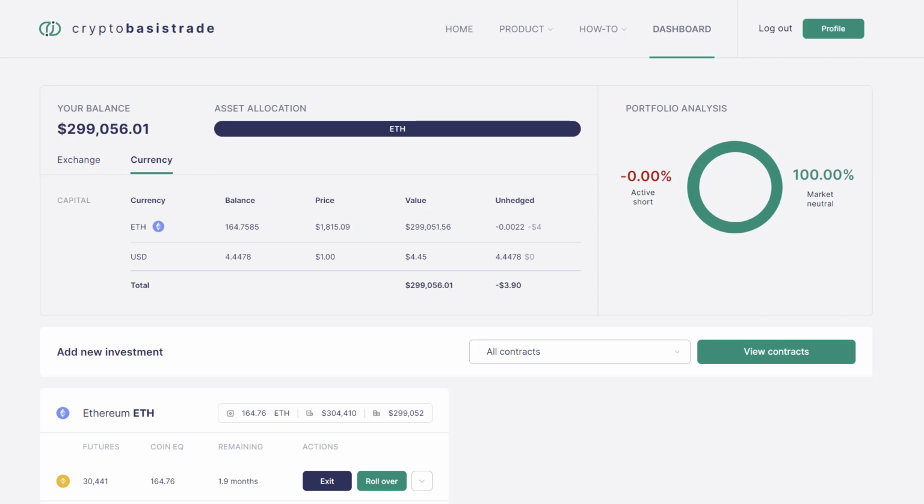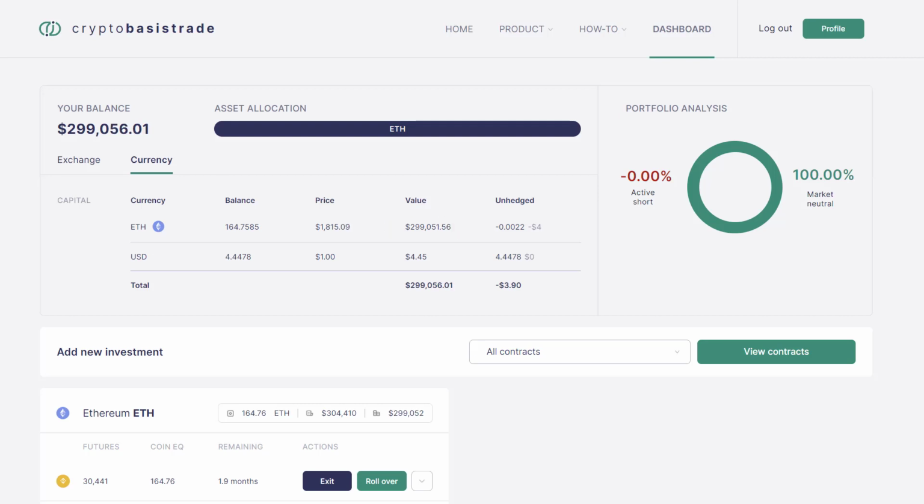Since we are using coin-margined futures, this profit is in Ether and it increases our balance of spot coins. It works in the same way in the opposite direction. When the Ether price goes up, we have a loss on our futures position and less spot coins as a result. The change in the spot or futures price itself does not affect the value of our arbitrage position.